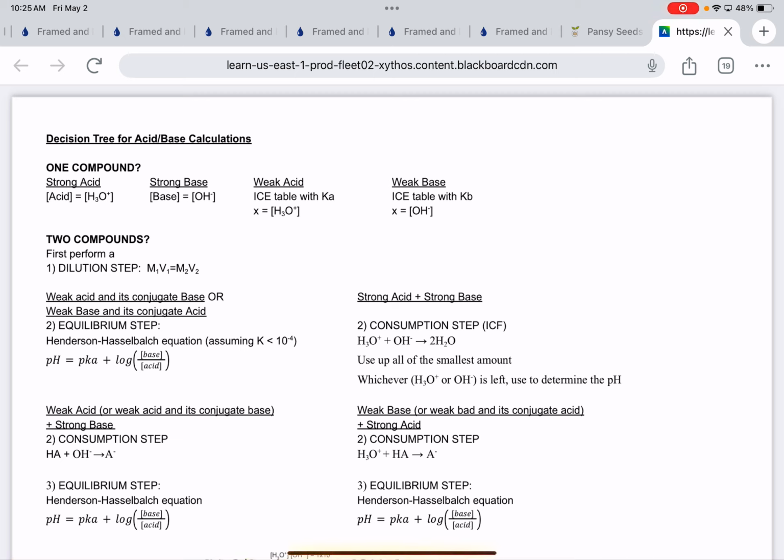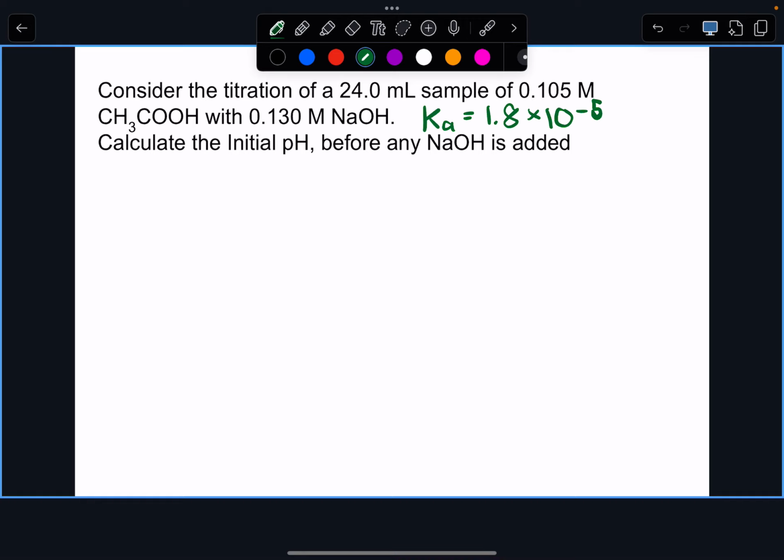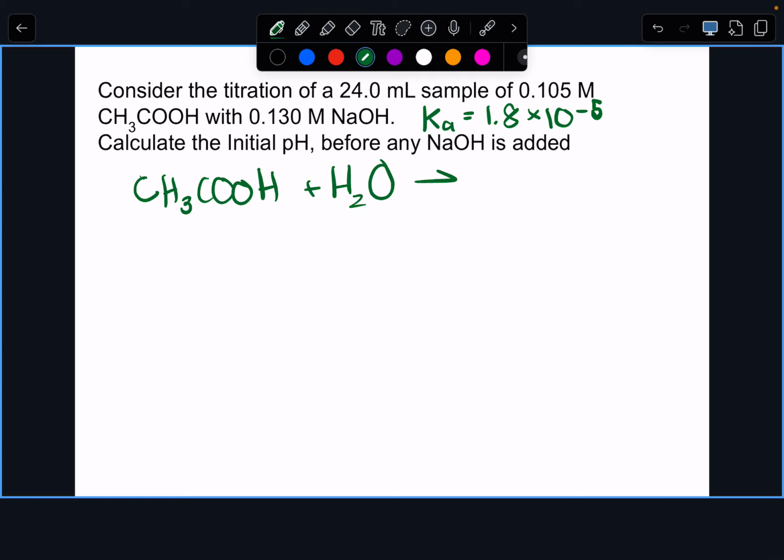So this is why, like I said, this is chapter 17 and 18 calculations. Because when we have just that one thing, that's just chapter 17. So it's a good review. An ice table with the Ka, just that one compound.